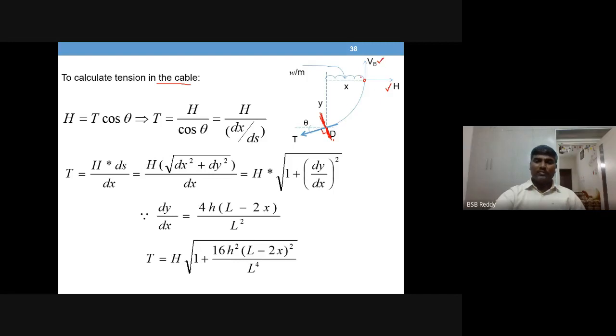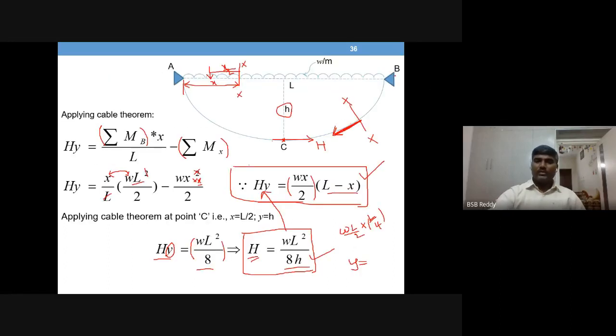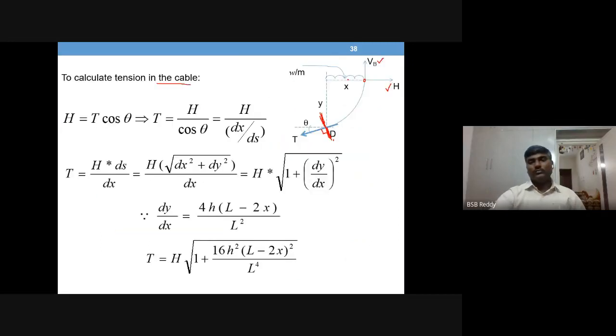Free body diagram of the part of the cable. So this part of the cable is removed. Now you see there is UDL, this portion.